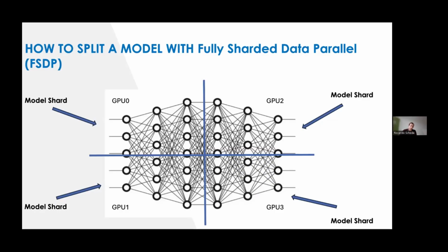But it's quite different from model parallelism and tensor parallelism, in which the blocks are fixed and not fragmented. Here, in FSDP instead, for example, the first layer is divided in two, but also the other layers of the model.